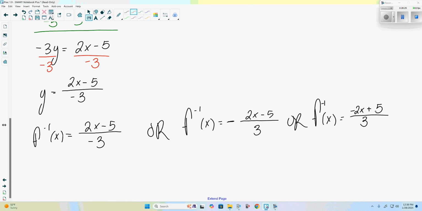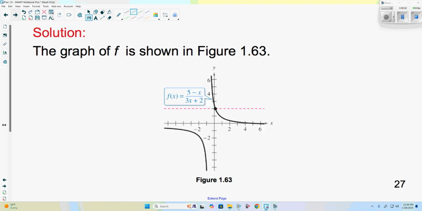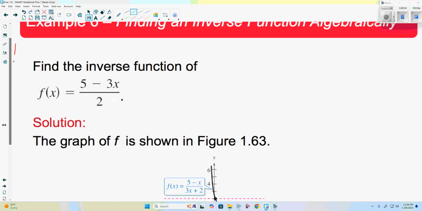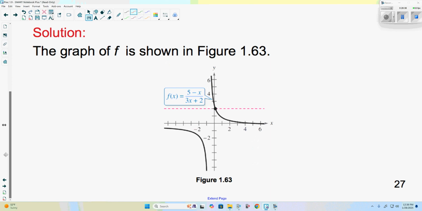Questions on this here? So we have the graph, and a lot of these here, I'd graph them, see if we do have an inverse. This one does. There's not going to be a line that we can draw.